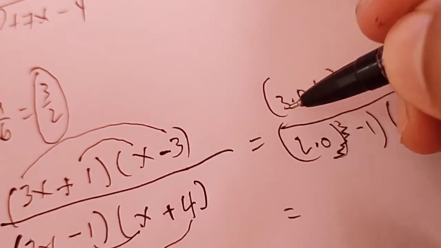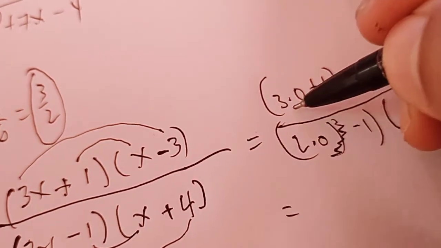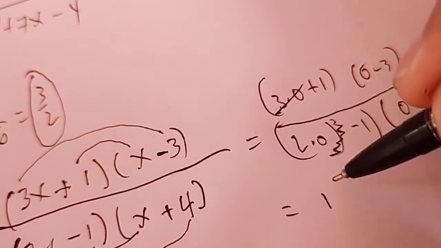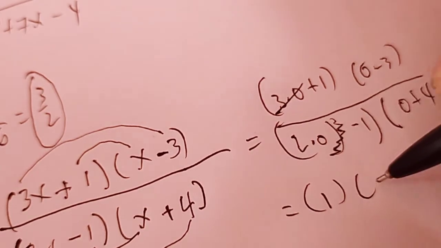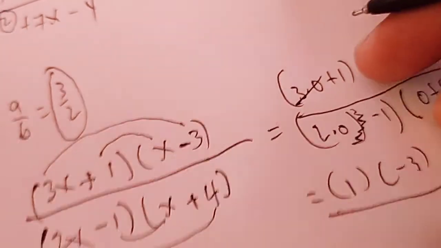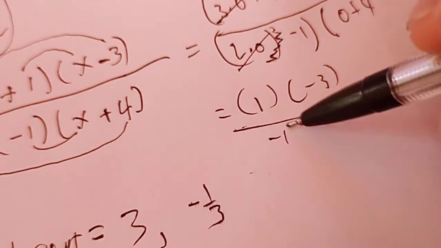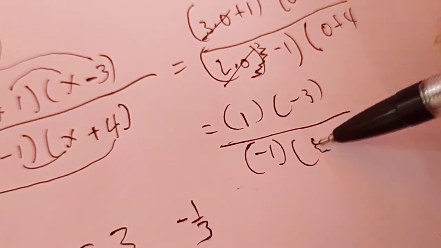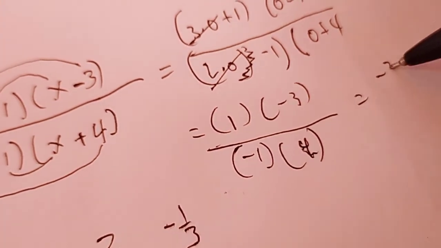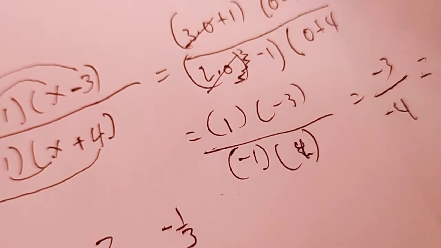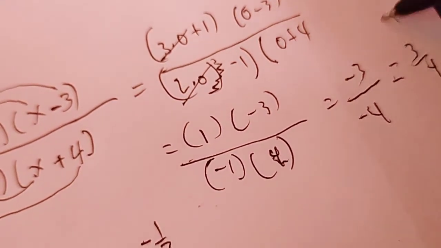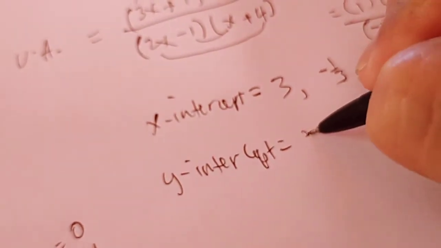So 3 times 0 is 0, leaving positive 1. Then 0 minus 3 is negative 3 over 2 times 0, 0 minus 1, and 0 plus 4 is 4. So this is now negative 3 over negative 4. This is now 3/4.